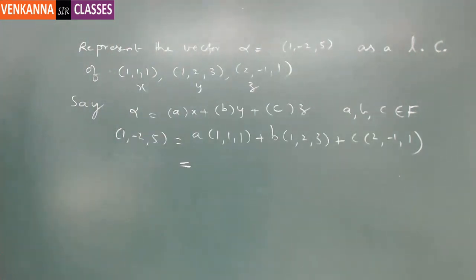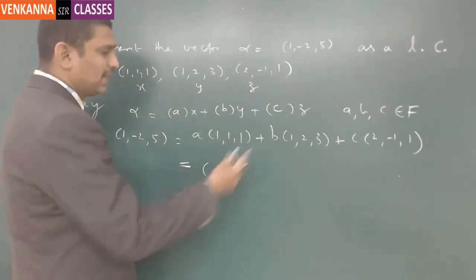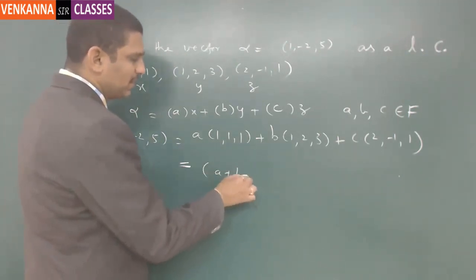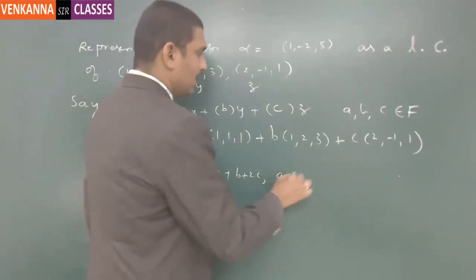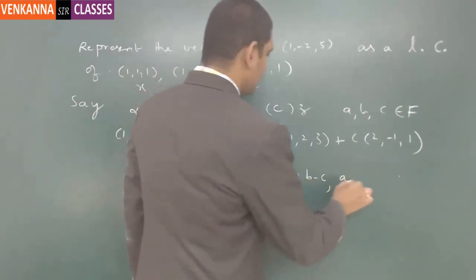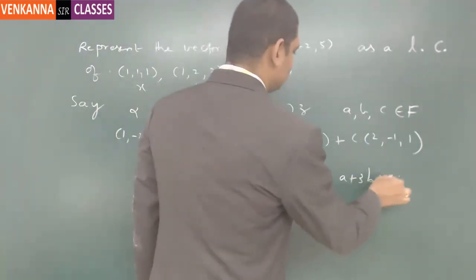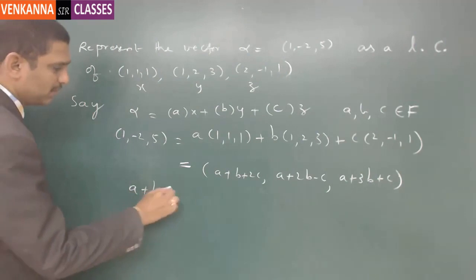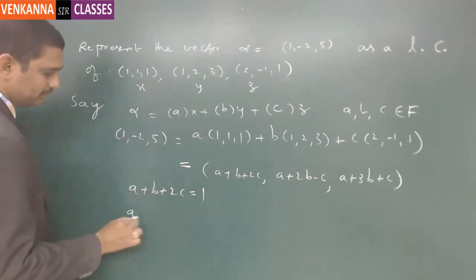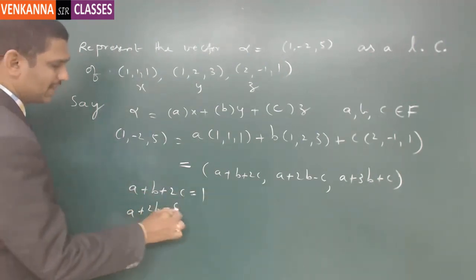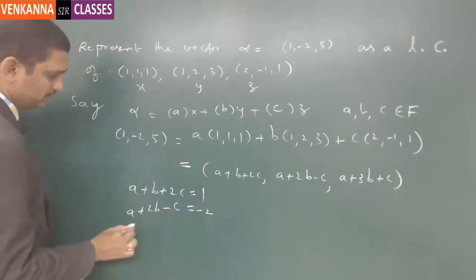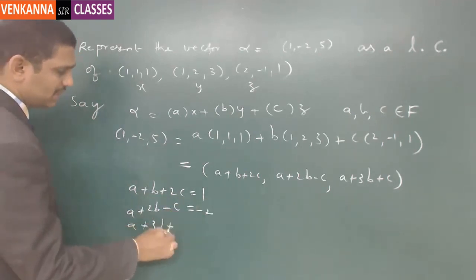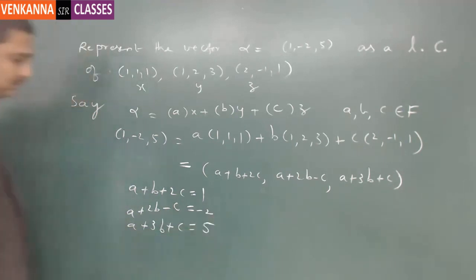Simplify the right-hand side: multiplying and adding, you will get a plus b plus 2c, a plus 2b minus c, a plus 3b plus c. If you equate them, a plus b plus 2c is equal to 1, a plus 2b minus c is equal to minus 2, a plus 3b plus c is equal to 5. Accepted?